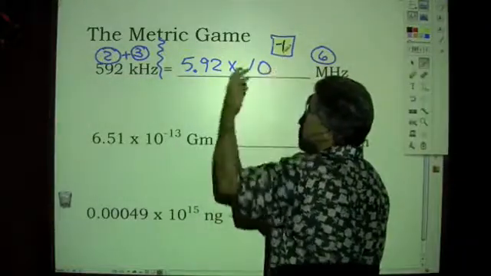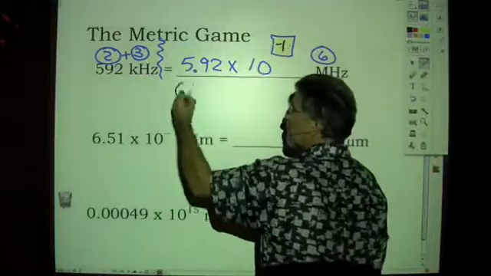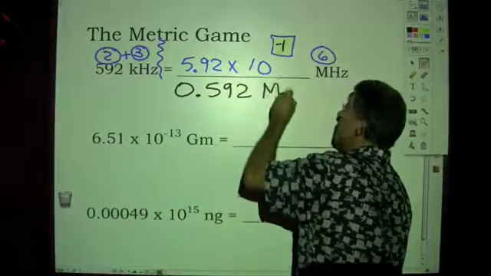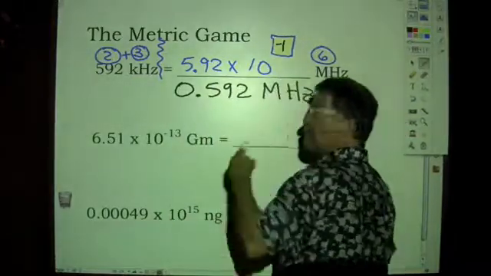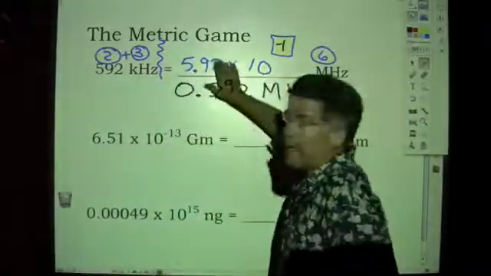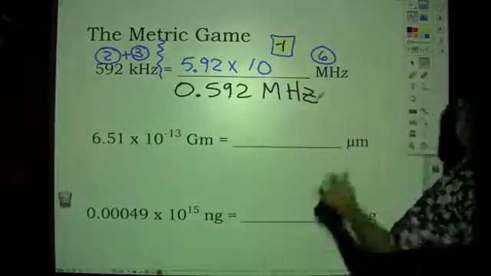So it's really just 0.592 megahertz. Now, I'm not going to require that you do that, but if you want to write it that way, I'm cool with it. That's fine. Okay, let's go to the next one.